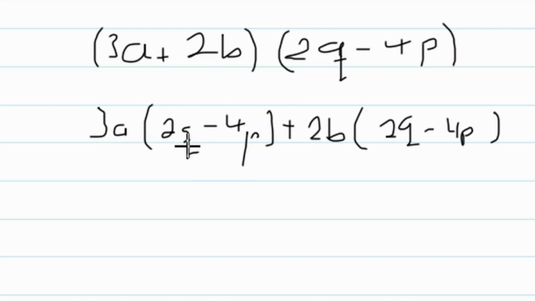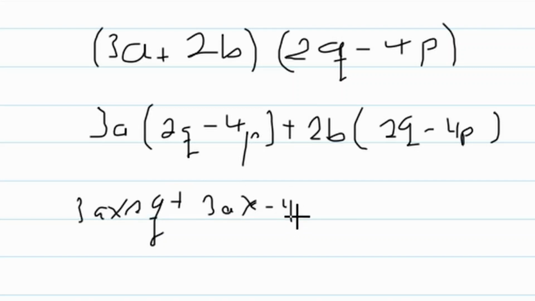So with the first one we said the number outside the bracket multiply each term in the bracket. So I'm going to have 3a times 2q plus 3a times minus 4p.